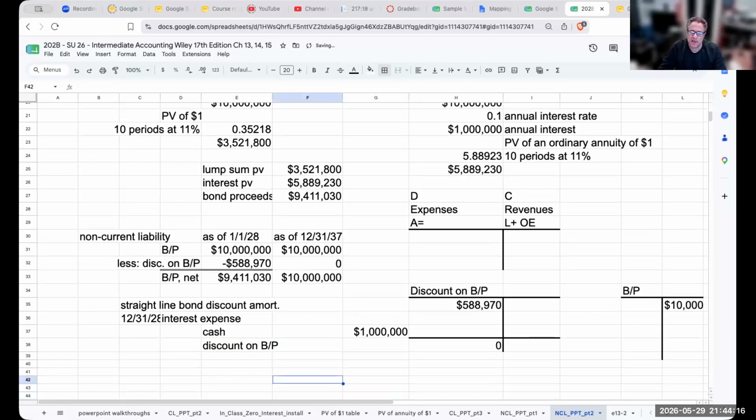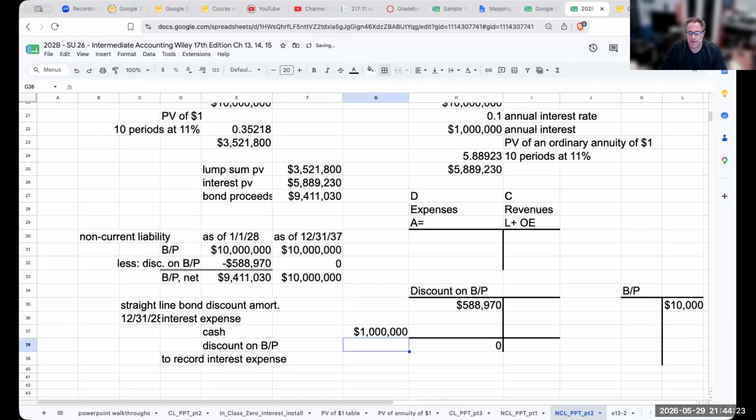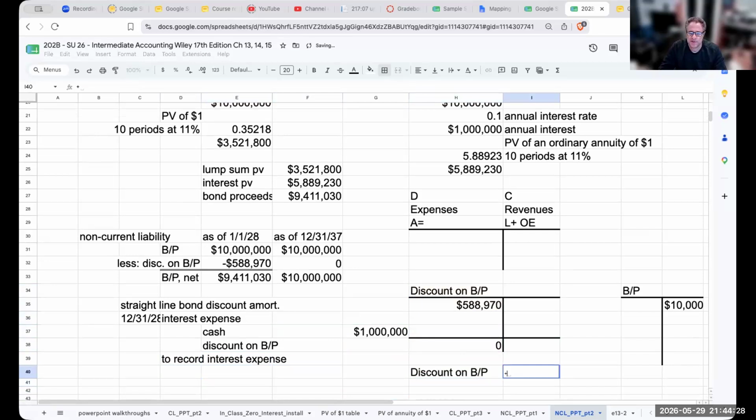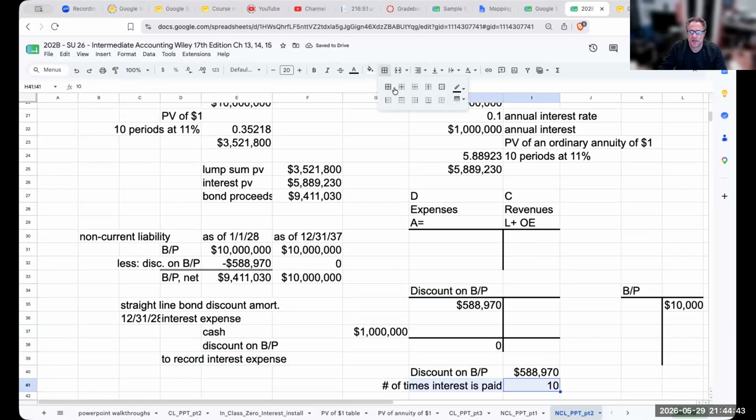Now, when we do the straight line amortization of the bond discount, this is going to be the same entry every single year, because what we're doing is taking this discount on bonds payable and dividing it by the number of times interest is paid. My interest is being paid out 10 times, so I'm dividing this by 10.